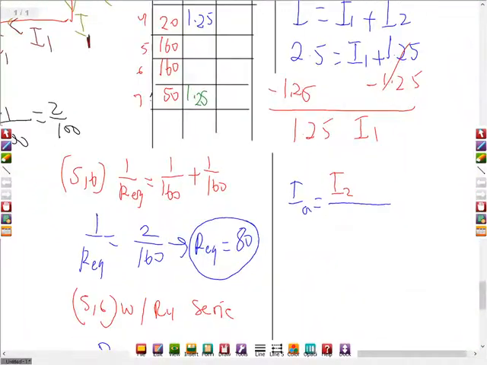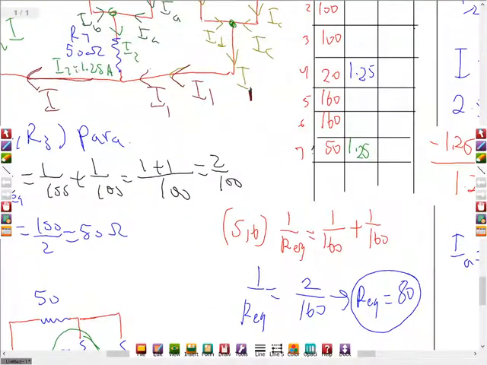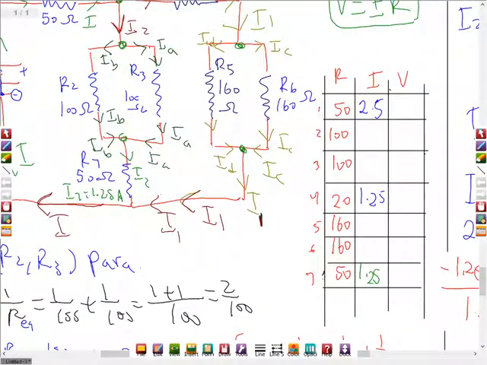To the 100 only. Resistor, right? Only. I2 goes to which resistors? I2 goes to 100 and the 100, which is 50 plus 50 is 100.